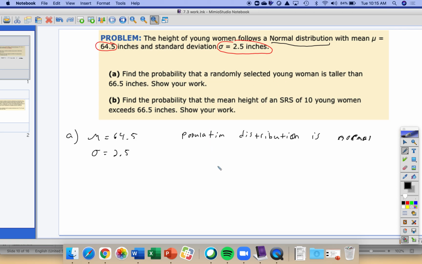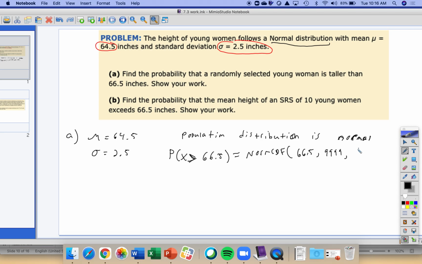Okay, so since our population distribution is normal, our task is to find the probability that a single randomly selected girl, which we'll call X, is bigger than 66.5 inches. Now, because the population distribution is normal, I can go ahead and use a norm CDF. And the lower bound would be 66.5. The upper bound would be a very large number.